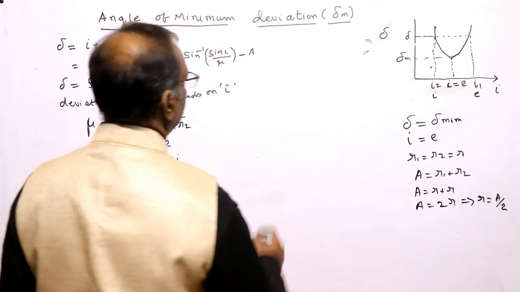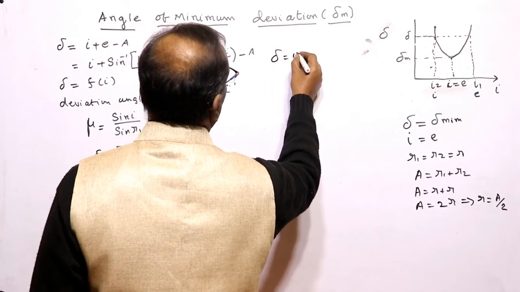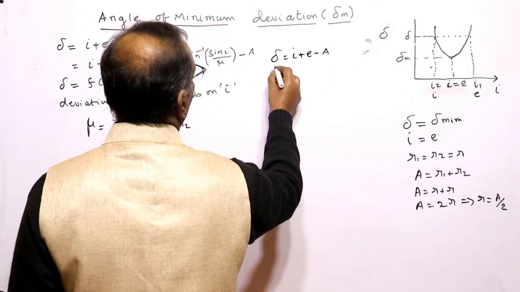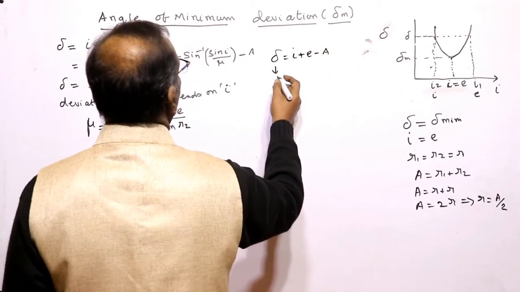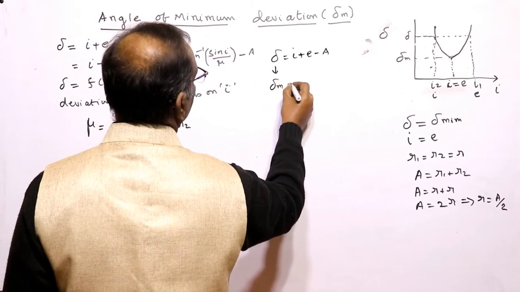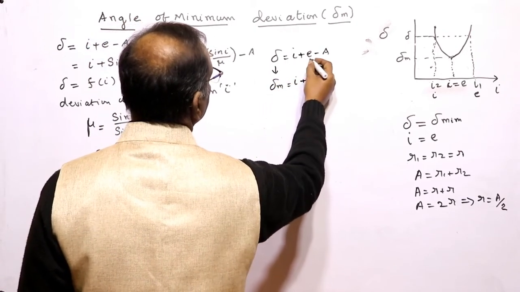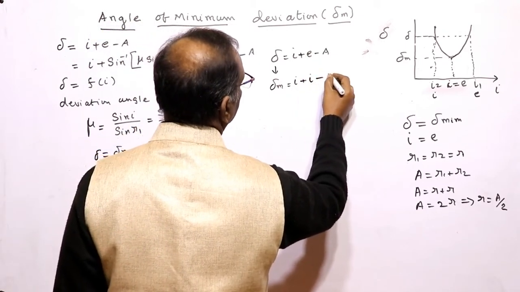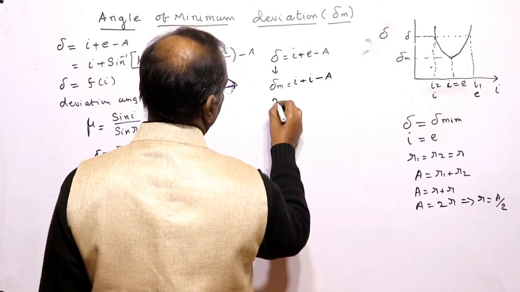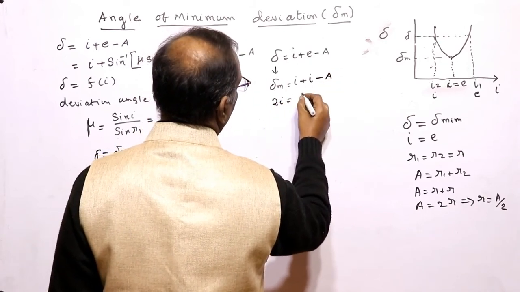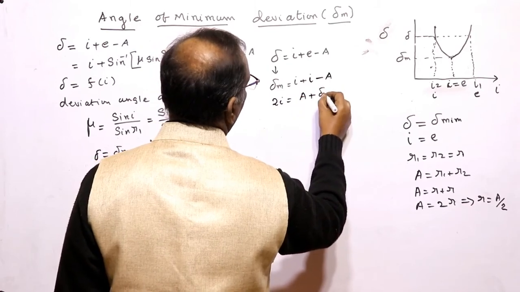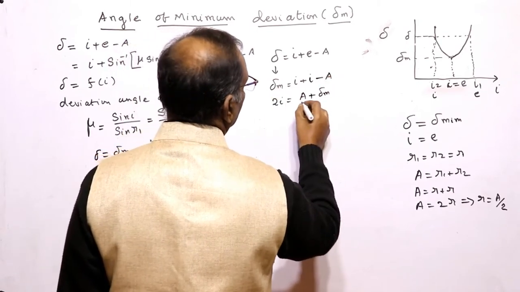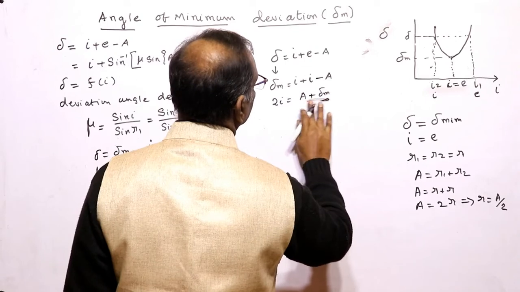Also, at minimum deviation, the angle of deviation is I plus E minus A. Since the angle of emergence is equal to the angle of incidence, we can write 2I is equal to the angle of prism plus the angle of minimum deviation.